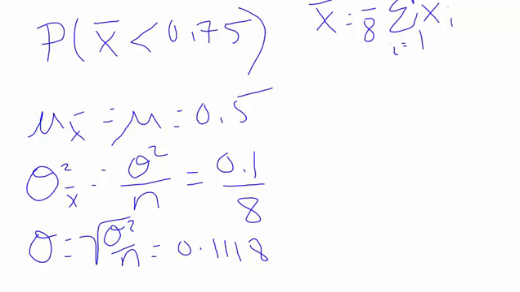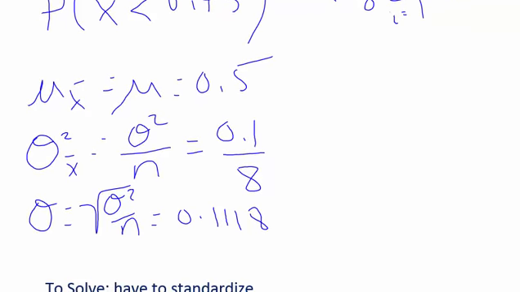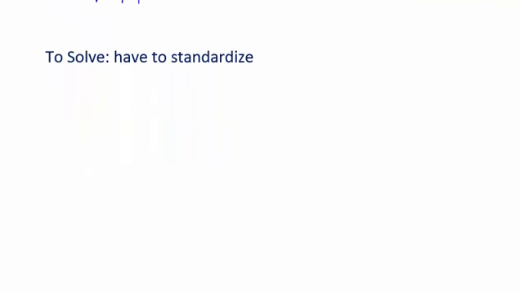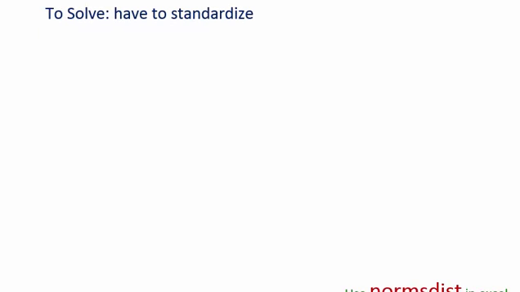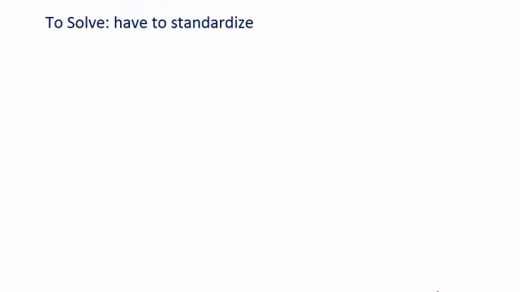The next thing we do when we're trying to solve for probability is we have to standardize it. In order to standardize, remember we have to convert it into that z function.